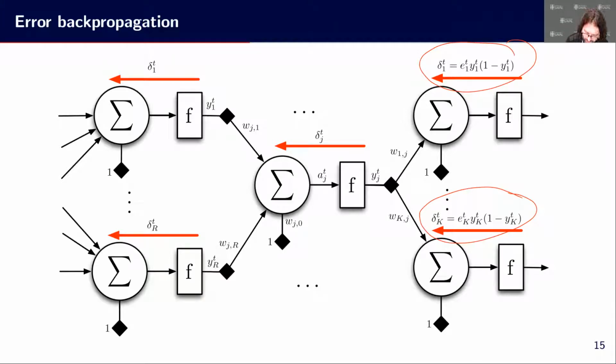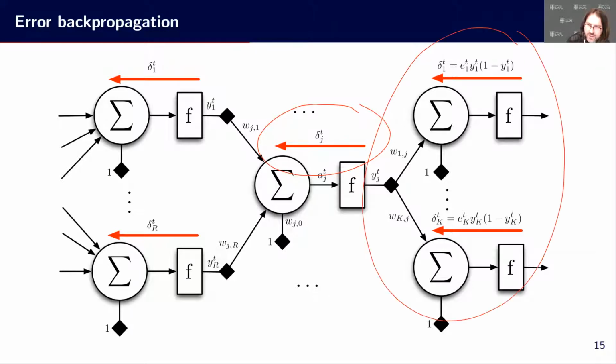They are passed through, and we use them to adjust these weights, for example, which is then used to evaluate the new sensitivity for neurons at the hidden layer, the one just before the output layer.